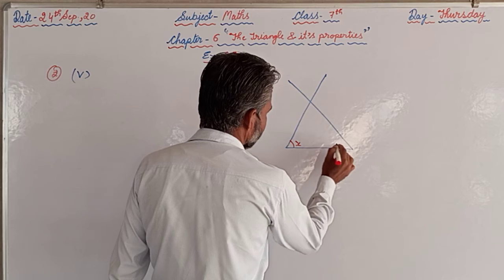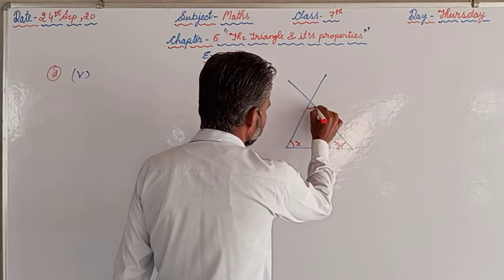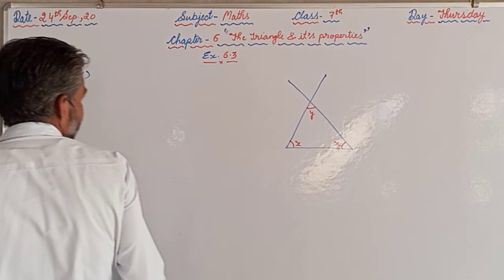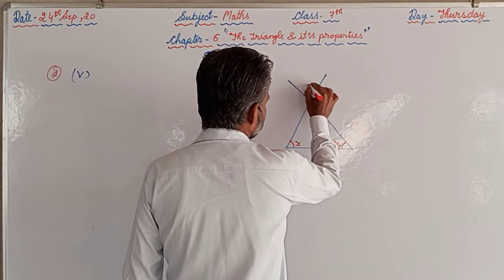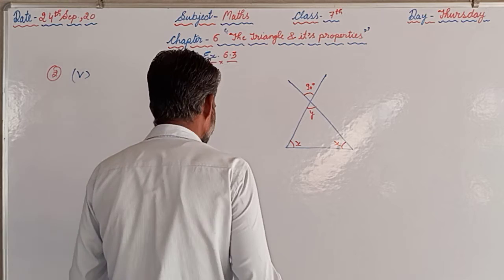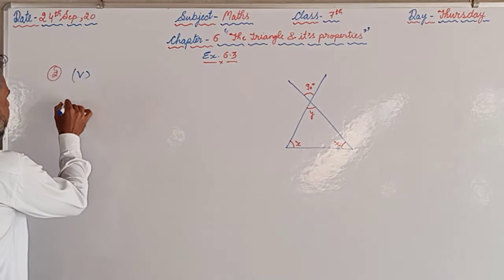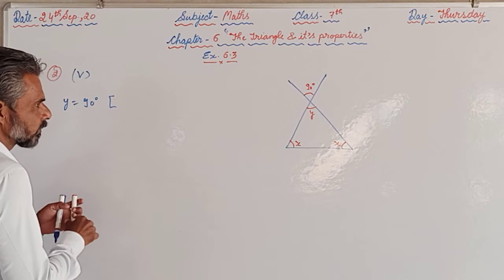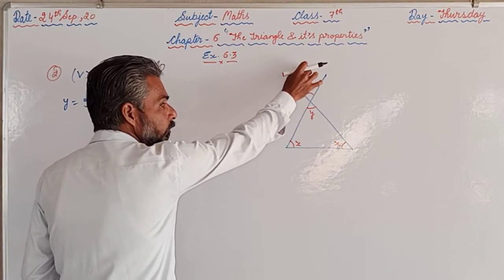These are the base angle, that is x, and that is given y, and one more angle is given, that is 90 degree. So from here we can easily say y is equals to 90 degree. Again we have to write the reason for that. Y is vertically opposite to 90.